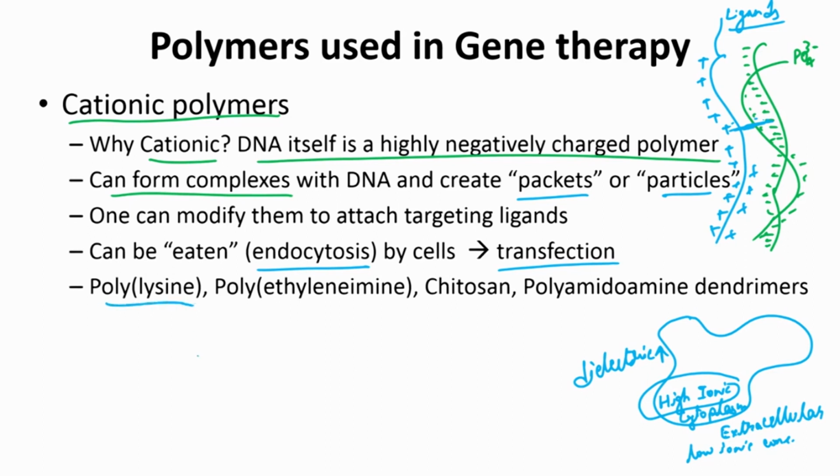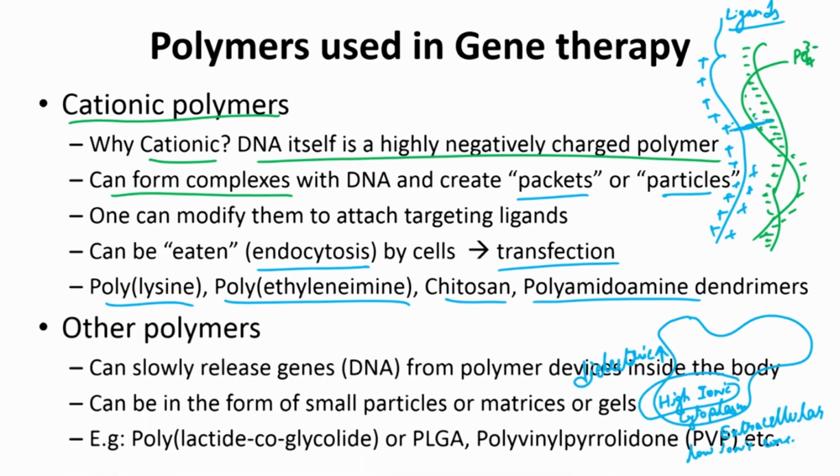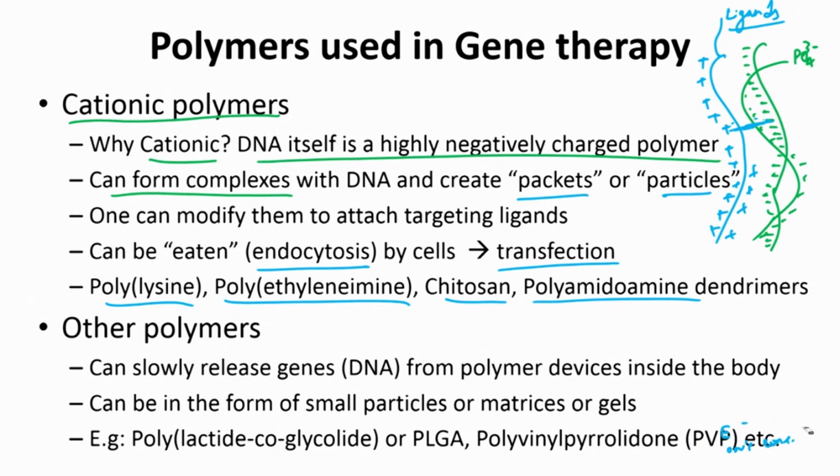There are a few polymers that are particularly good at this, and some of these are polylysine, polyethylenimine, chitosan, some polyamidoamine dendrimers. Here just some examples that I am giving you. You can use other polymers also, it does not have to be cationic polymer, but it is just seen that cationic polymers are much better at this than any other type of polymers.